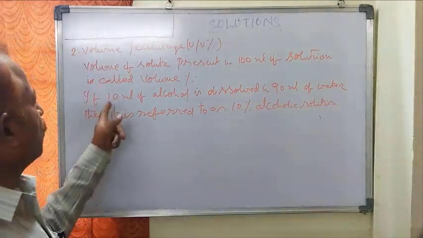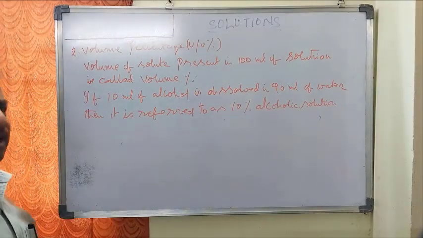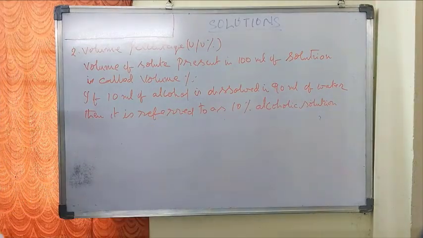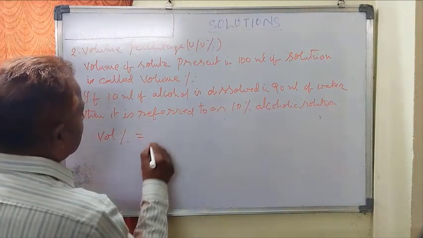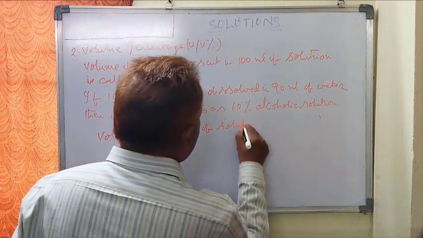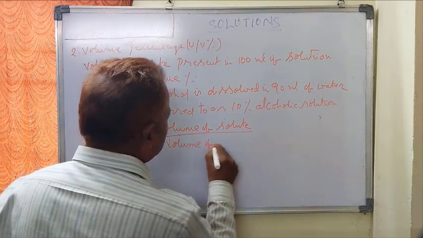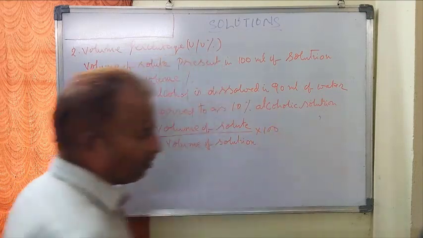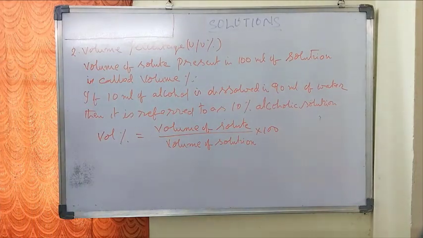Put together, 10 plus 90 is 100. Therefore in 100 ml of solution, 10 milliliters of alcohol is present. Therefore it is referred to as volume percentage. Volume percentage is written as volume of solute by volume of solution into 100.